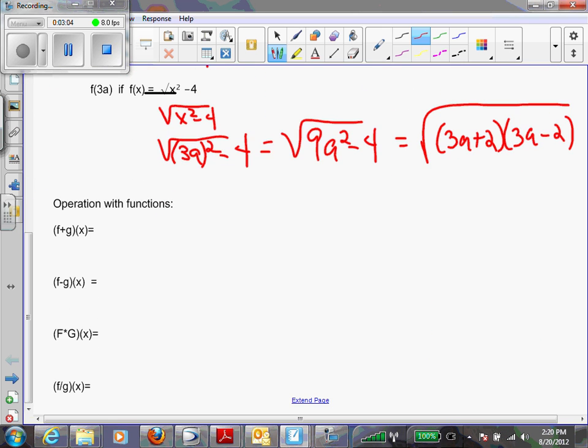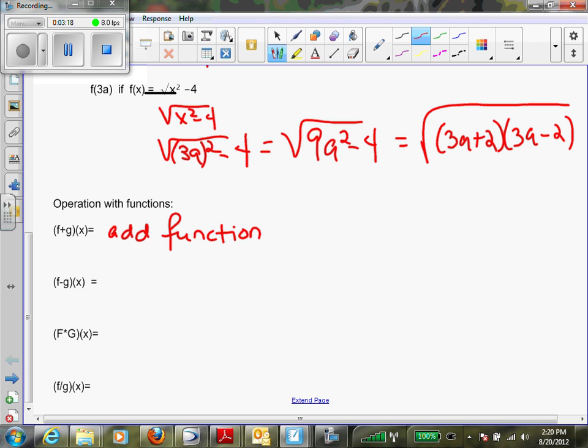So let's just kind of review. You had this last year in Algebra 2. We're going to talk about these domains. These are just dealing with functions. Okay, what are we doing with these two functions? In this case, I'm going to add the functions together. f plus g.